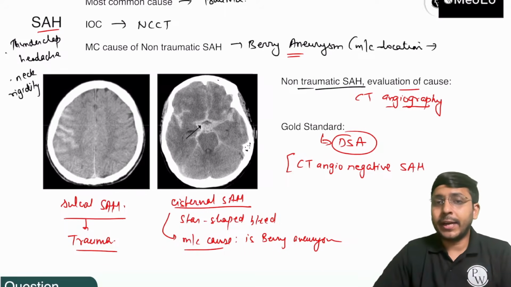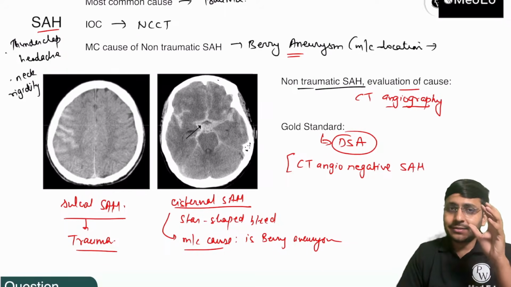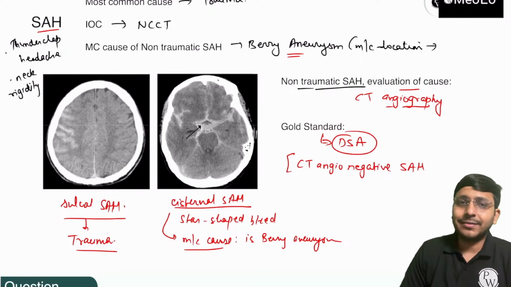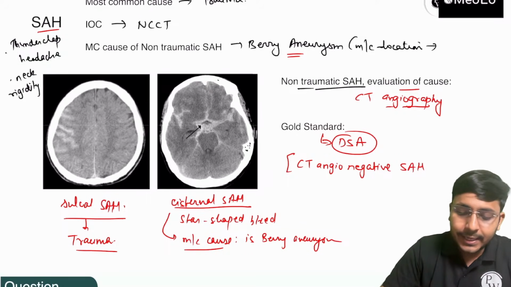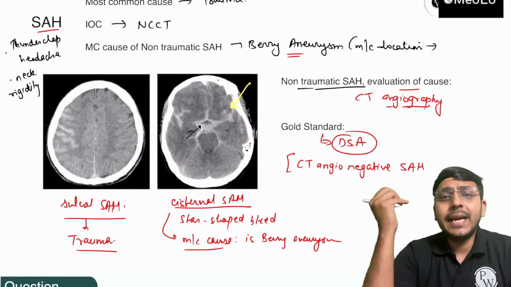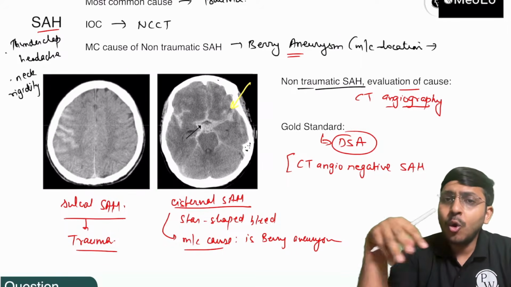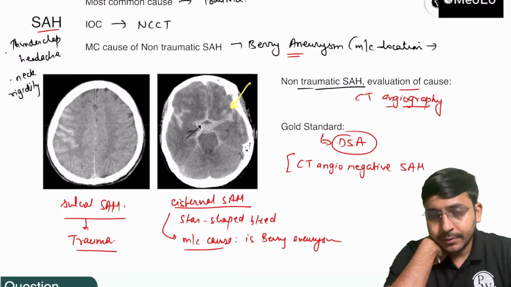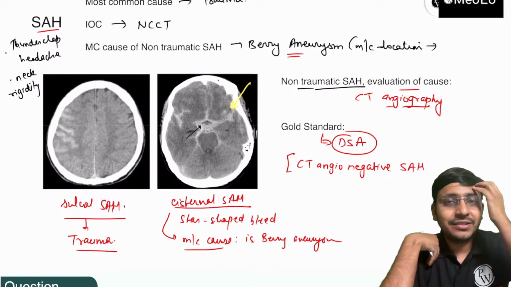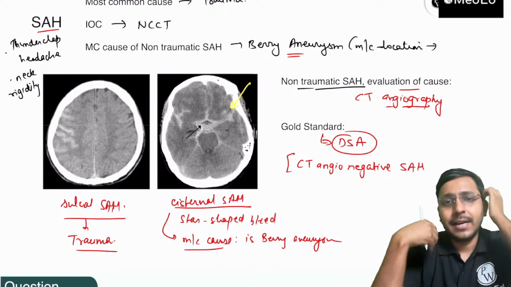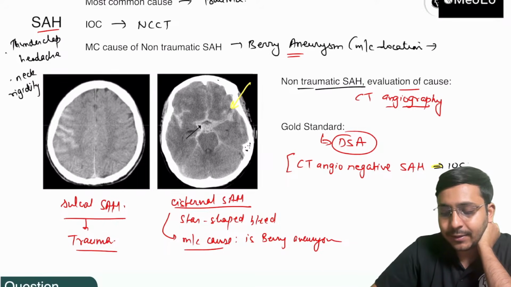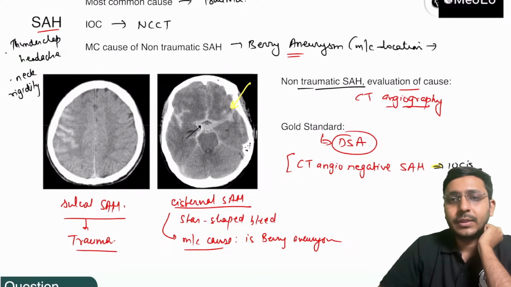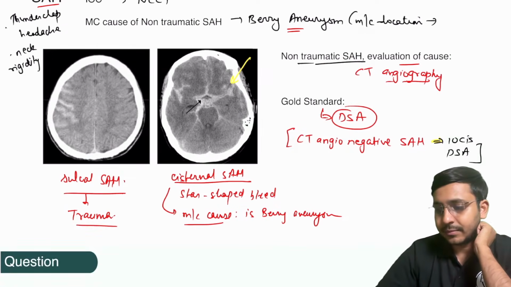What does CT angio negative SAH mean? That there is subarachnoid hemorrhage on non-contrast CT, but when you do a CT angio, there is no aneurysm which you can find. This is what is known as a CT angio-negative SAH. And for this, the investigation of choice is again a DSA.